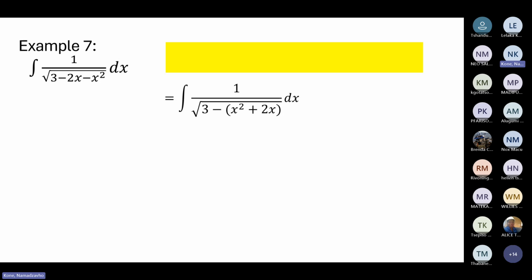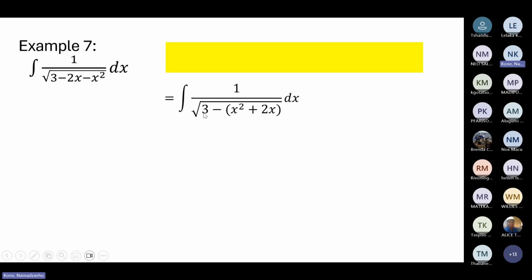If you can see this first step, it just rewrites exactly what we were given in a different way. First thing, I isolated the 3. If you remember, when I was explaining the completion of squares in that slide, I said, first step, isolate the constant. So this is the step that I've just done here. The constant is 3. It does not have an x.